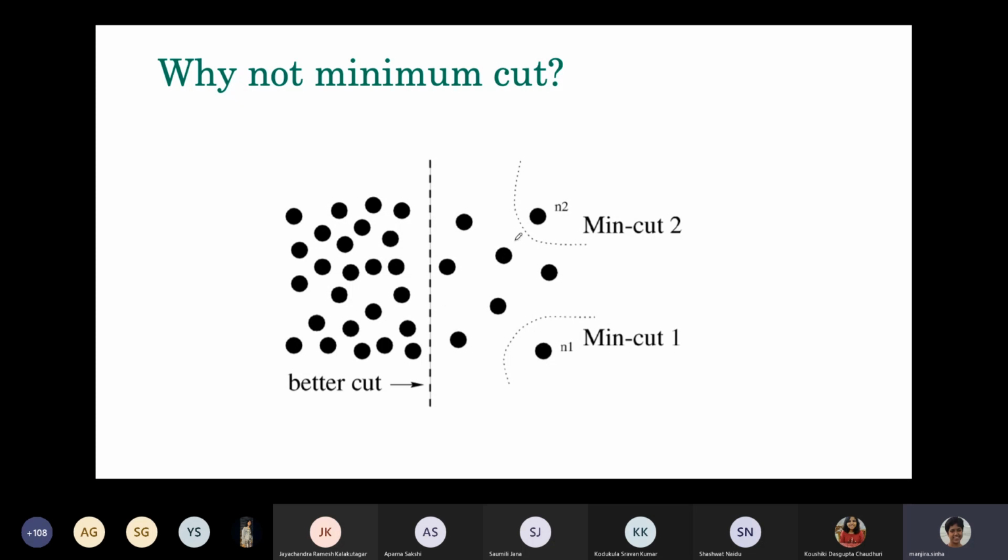So my min cut algorithm will give some cut from here or here, right? Because all these parts, if we take the proximities, are more connected to each other or have lesser distances among them. But we can see from the picture that instead of these two min cuts, this is a better cut. But we cannot learn this from the min cut algorithm. That's why we are going for a different approach, spectral clustering. Okay.